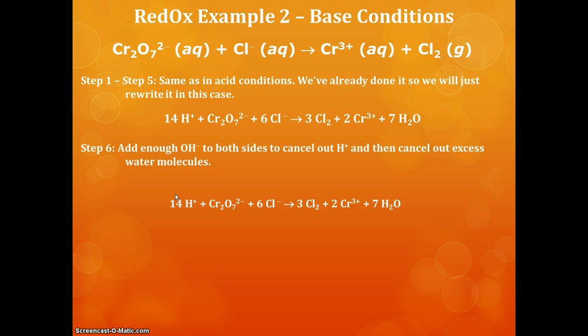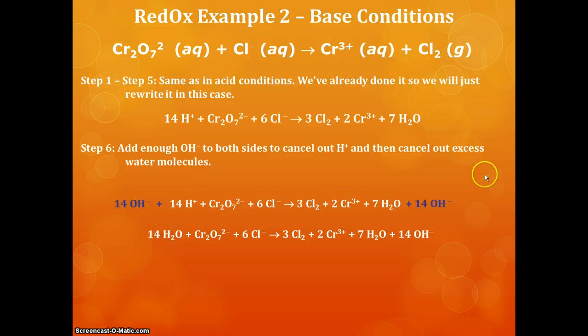So if I take that reaction, looks like I've got 14 H pluses, so I'm going to add 14 hydroxides to each side. On the reactant side, those 14 OHs are going to combine with the 14 H pluses to make 14 waters. They'll remain as 14 hydroxides on the product side.